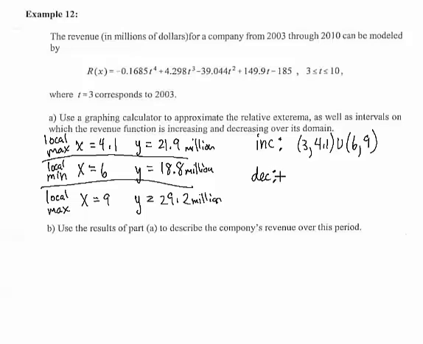As for the decreasing intervals, past our first local max at 4.1, then we pick it back up again past our second local max from 9 to the last year, 2010.